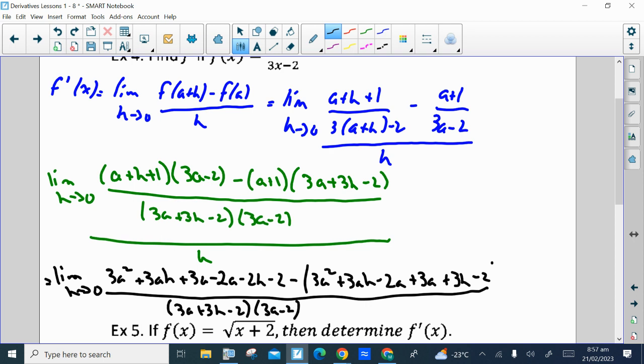And then instead of dividing by h, which we can write as a rational expression, h over 1, we can multiply by the reciprocal. We can multiply by 1 over h.